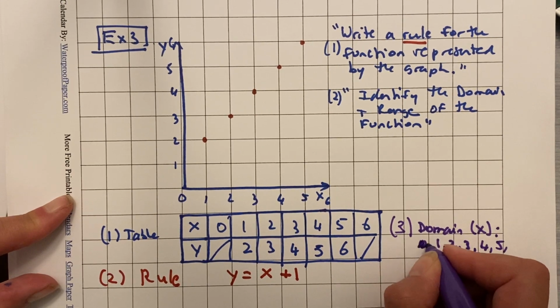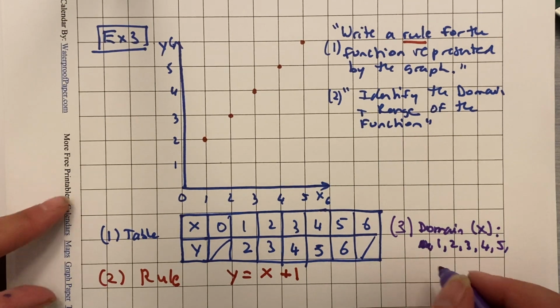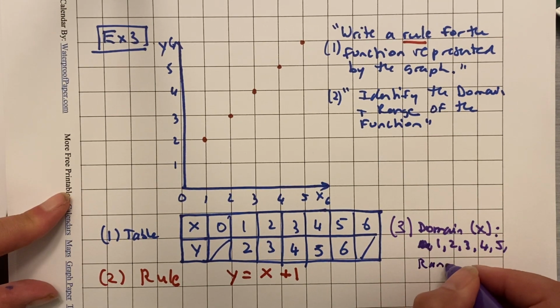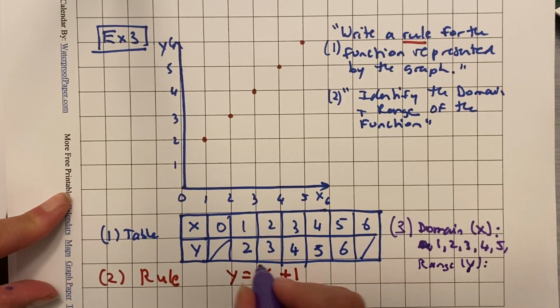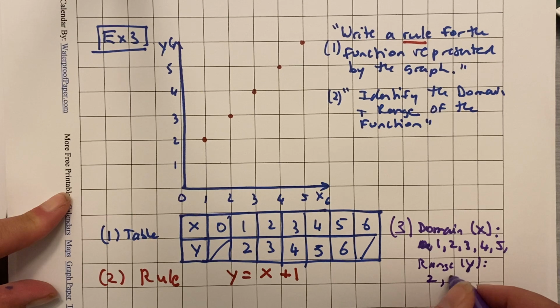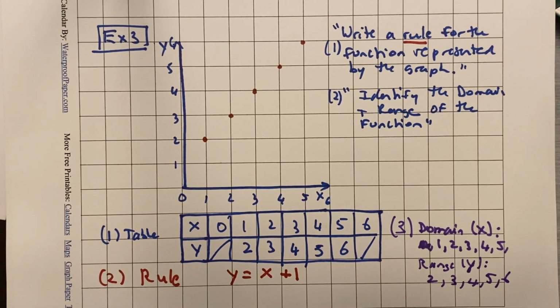Sorry, I should not even start with 0. What's my range or my output? 2, 3, 4, 5, 6. Okay. And so I've now written my function rule for the graph and given my domain and my range.